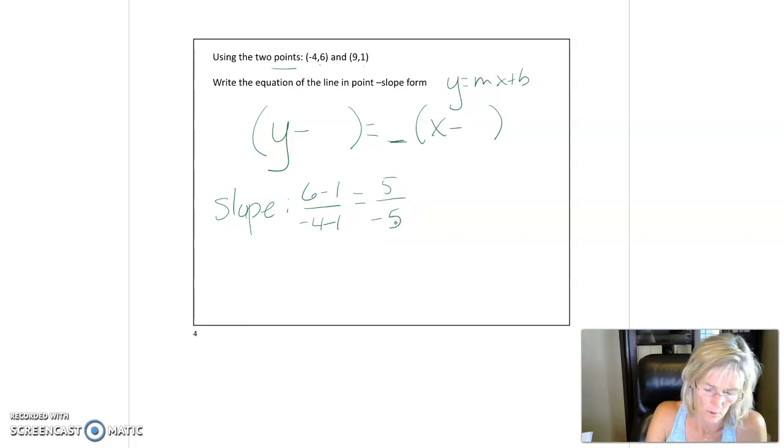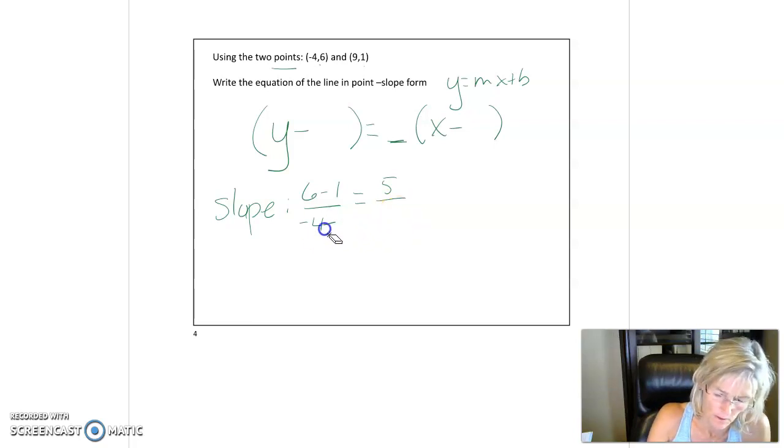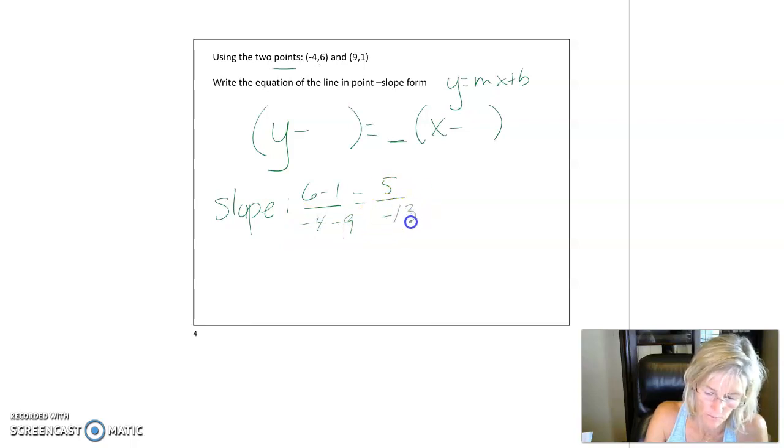Hold on, let me back up. I made a boo-boo. This is negative 4 minus 9. There we go. It should be a negative 13. So here is my slope.